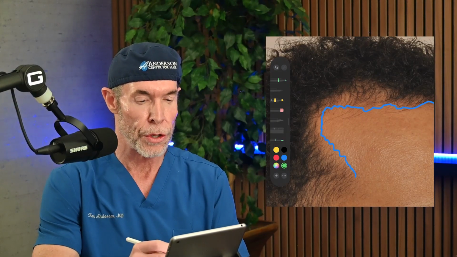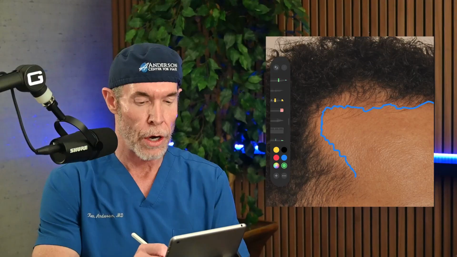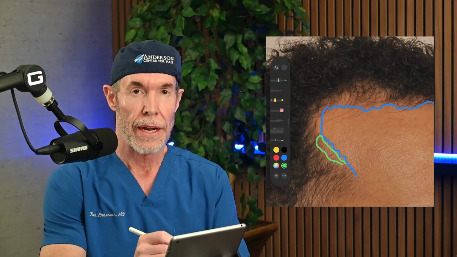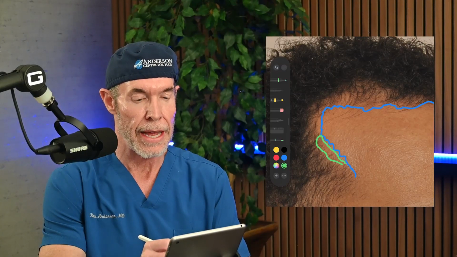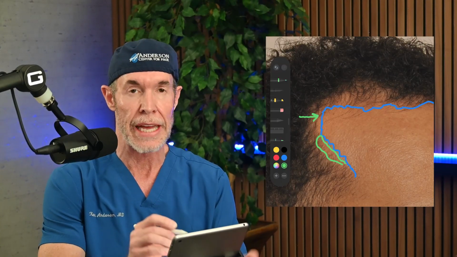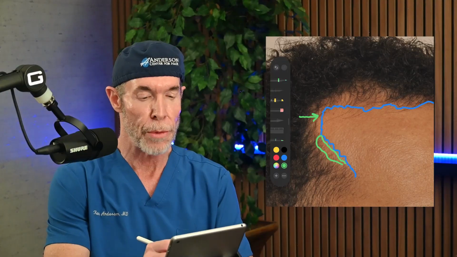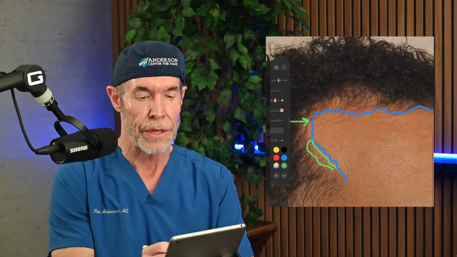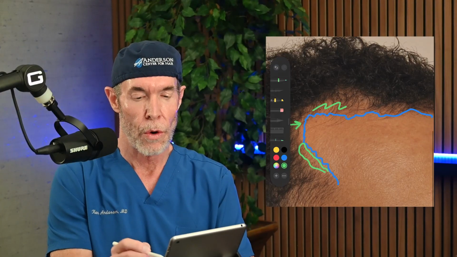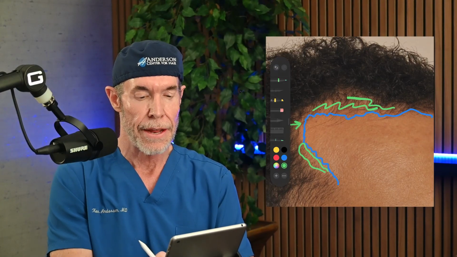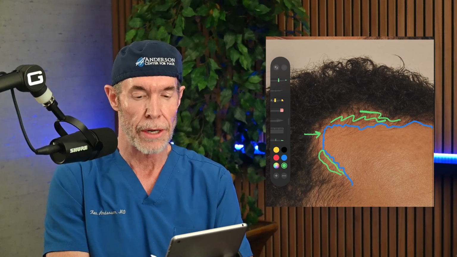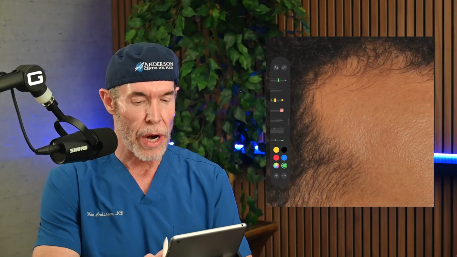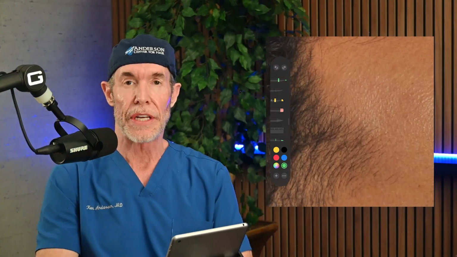So if we switch to the green here, we're going to augment the top part of his temporal tuft in through here, and then advance the hair this way and fill in a little bit at the posterior part of his temporal recession. And then, of course, all through the top here, all where we're seeing skin there, we're going to fill that in as well.